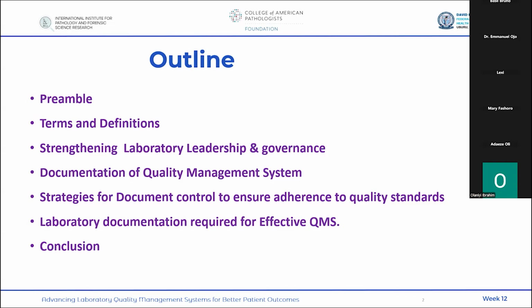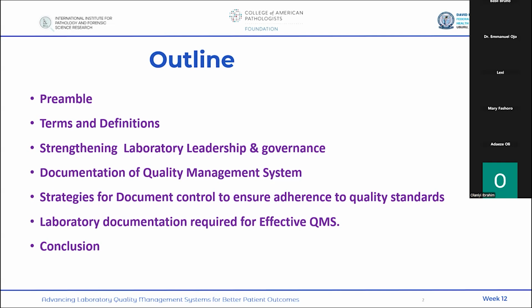Then the other part will be documentation of the quality management system. So when we say we're implementing a quality management system, for example, after it has been established, according to ISO, it has to be documented. How do we go about the documentation? These are some of the things that we'll be talking about. And we can't talk about documentation without talking about the term itself, QMS documents. What are QMS documents?